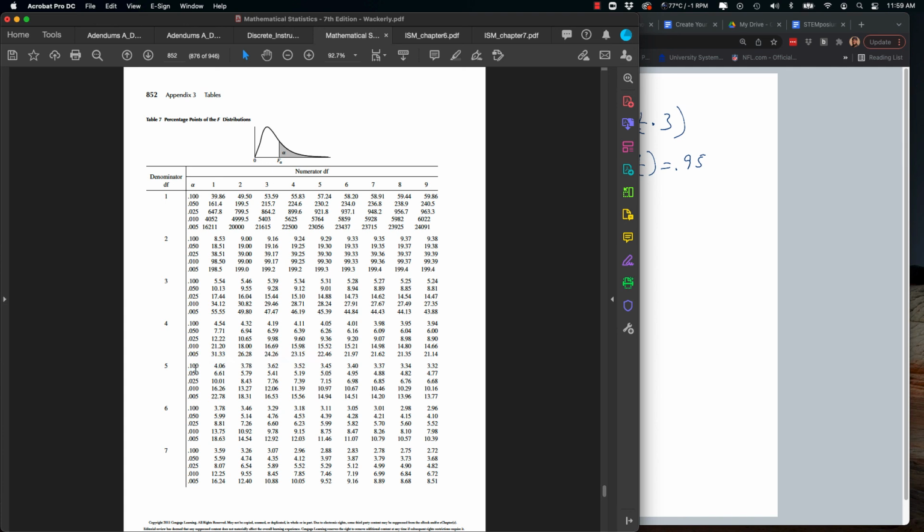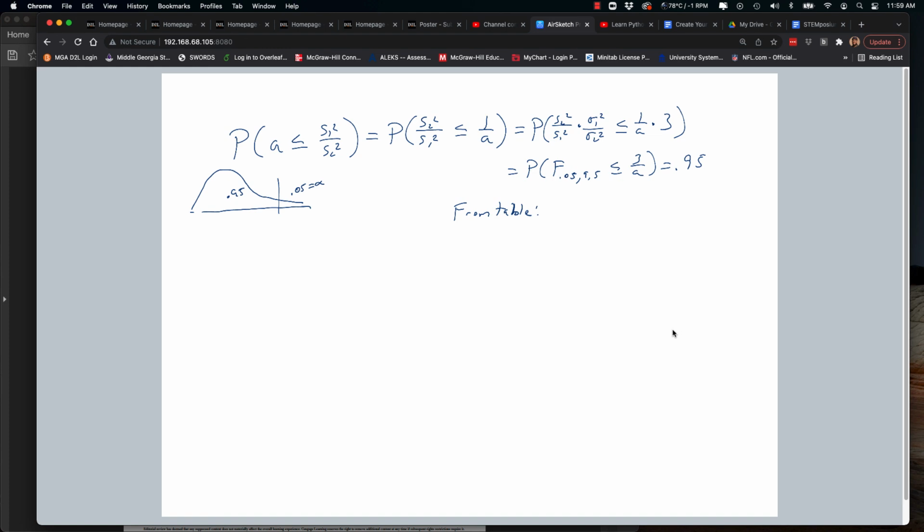See how it only has values 0.1 and smaller? Then the value is 4.77, a very different value than we got, but that's okay. This is going to work out for us. So we get 4.77. We set that equal to 3 over a, and we will find out that a still equals, rounded to 2 decimal places, 0.63.